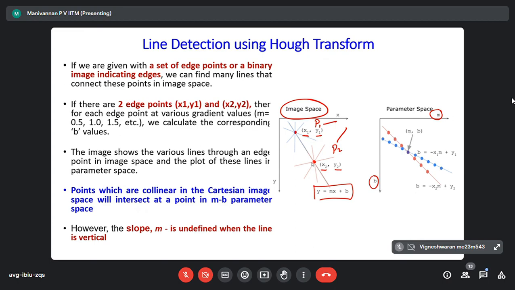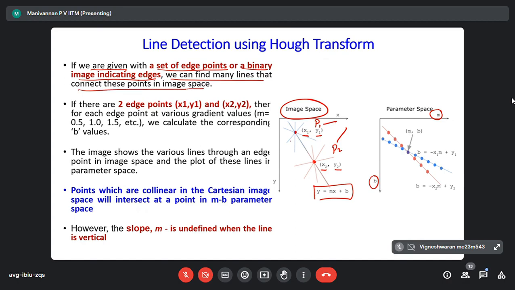Now, if you are given a set of edge points or a binary image indicating edges, we are talking about a straight line. That means a line will have two ends. The end points only we are talking about, P1 and P2, are called edge points in this case. Then we can find many lines that can connect these edge points.